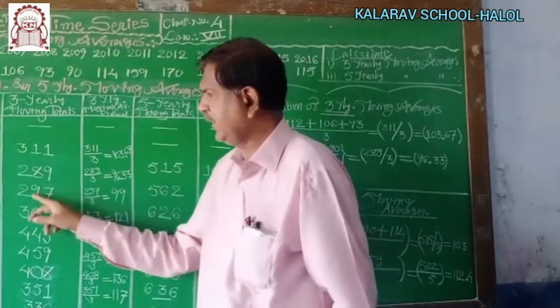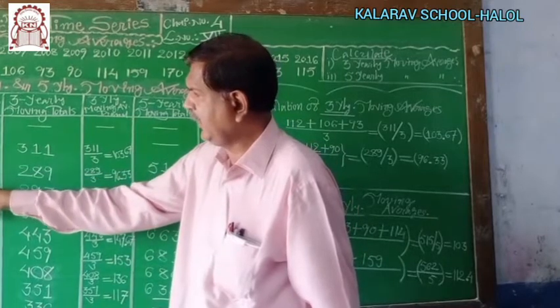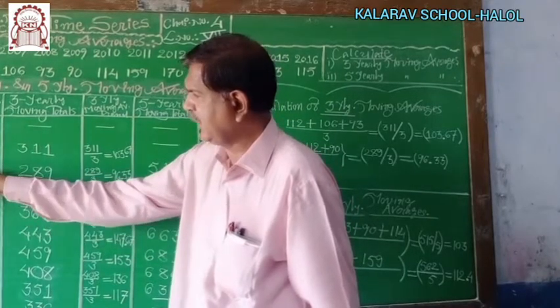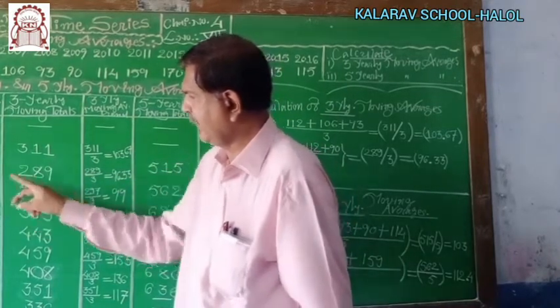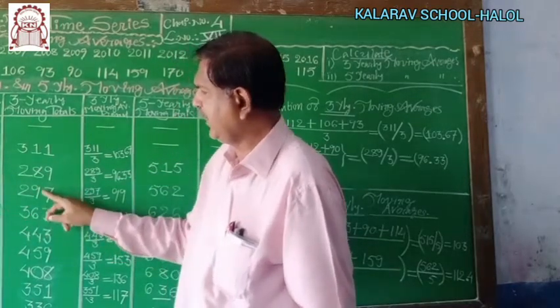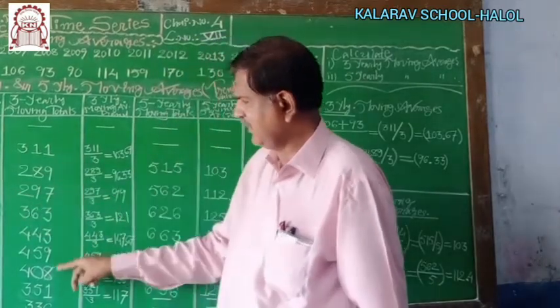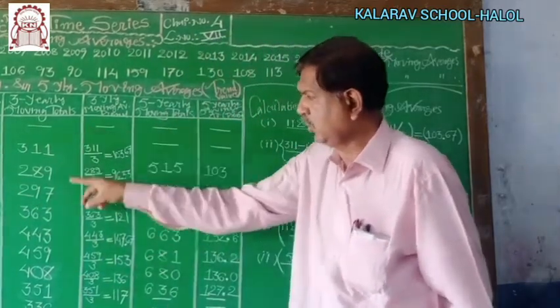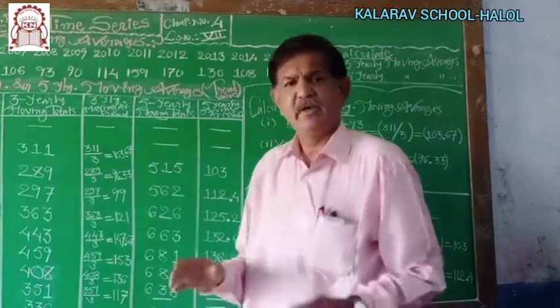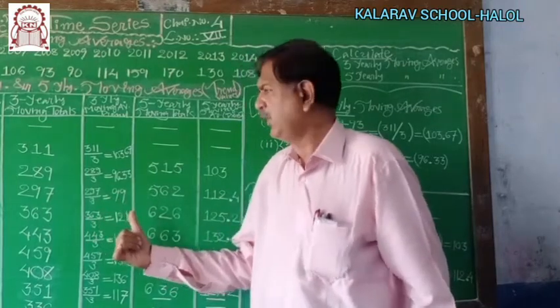How to get this 297? This is the total of 93, 90 and 114. See, 3 plus 4, 7, right? 9 plus 9 plus 1, 19. Remainder 1, means 1 plus 1, 2, 297. Same way, these totals divided by 3 give the 3 yearly moving average values.